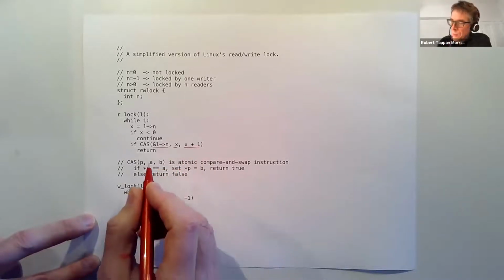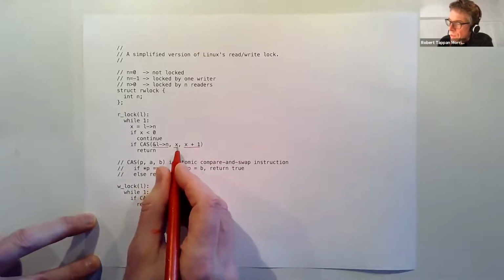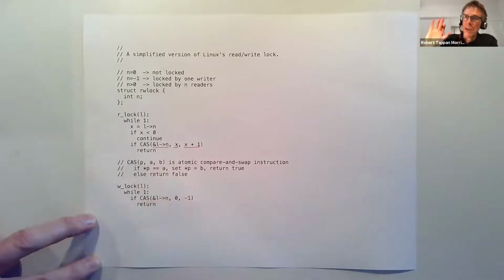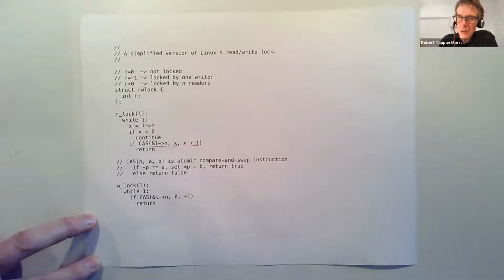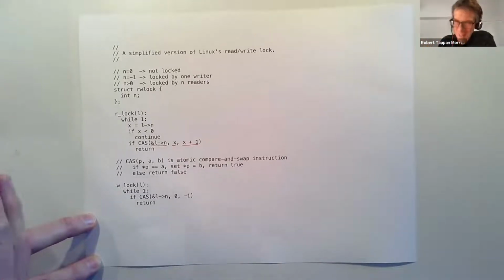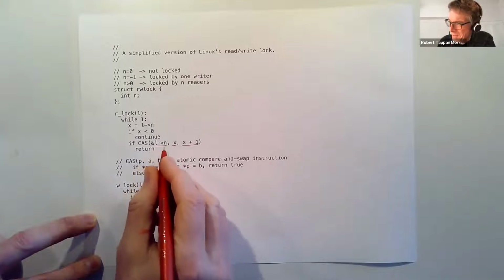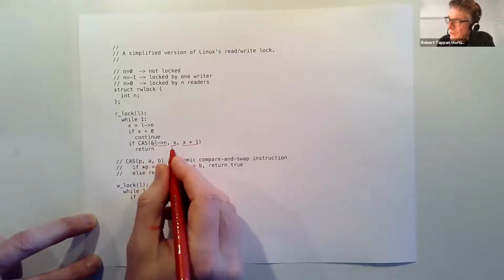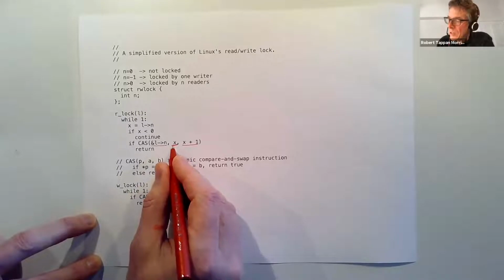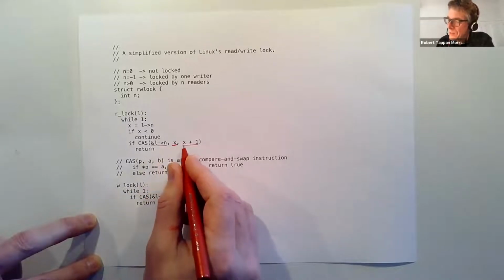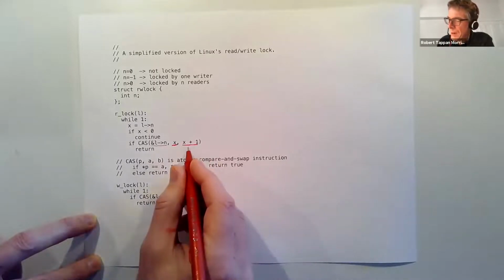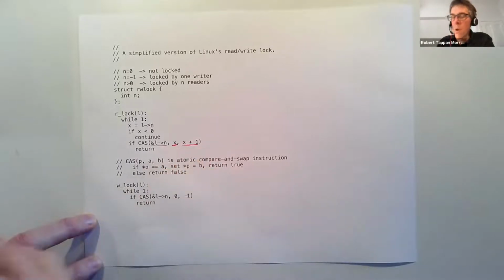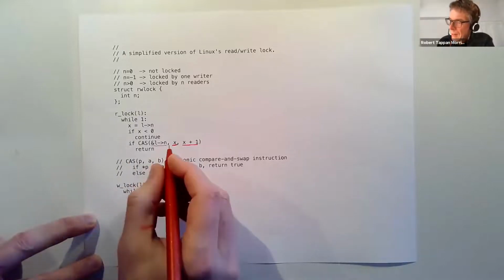The semantics of compare and swap are that the hardware first sets an internal lock that makes only one compare and swap execute at a time on a given memory location. Then the hardware checks that the current value of that location is indeed still x. If it's still x, it sets it to the third argument, which is going to be x plus 1, and the instruction yields 1 as its value.